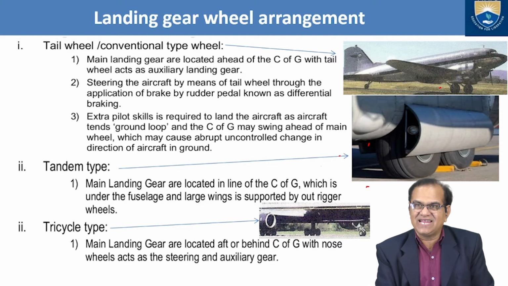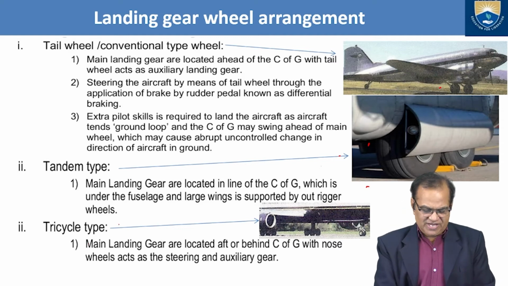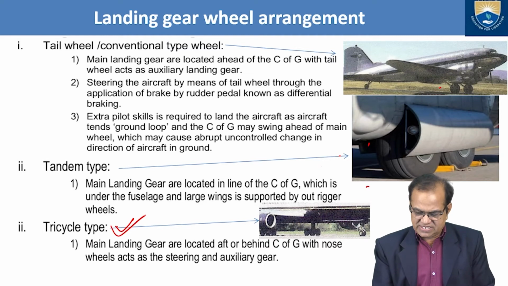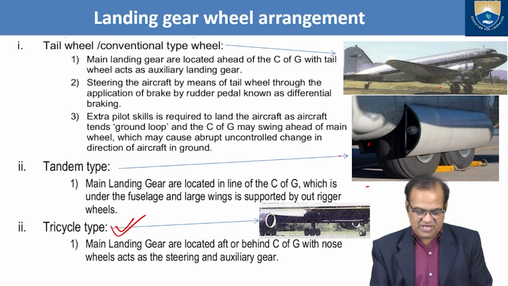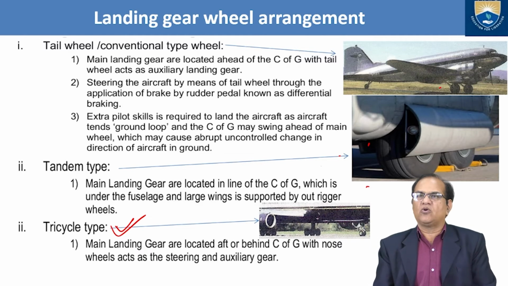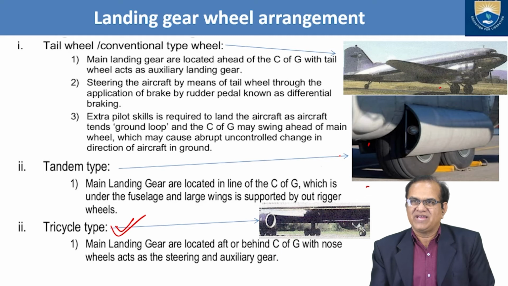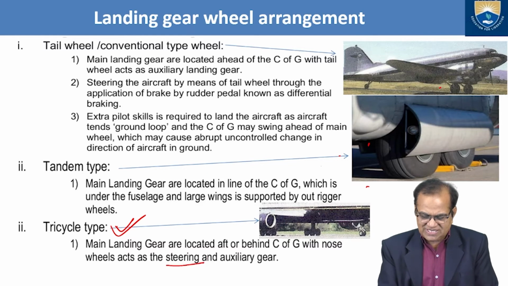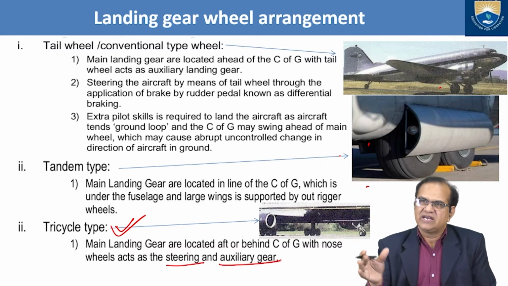Now the tricycle arrangement. This is nowadays used in most aircraft. The nose is ahead and the main wheels are behind. So the main landing gears are located aft, or behind the CG, with the nose wheel acting as the steering and auxiliary gear.